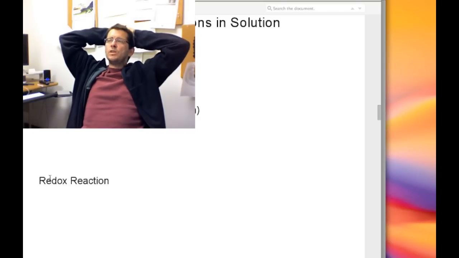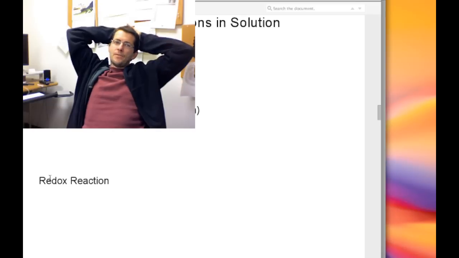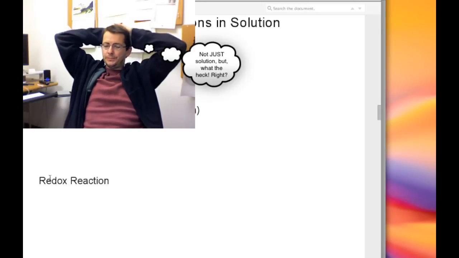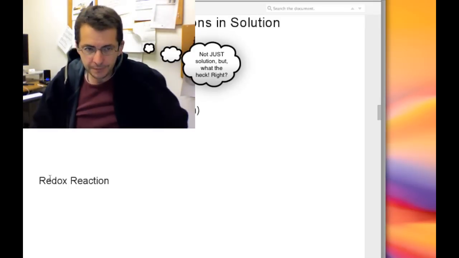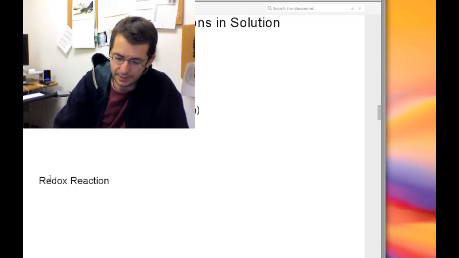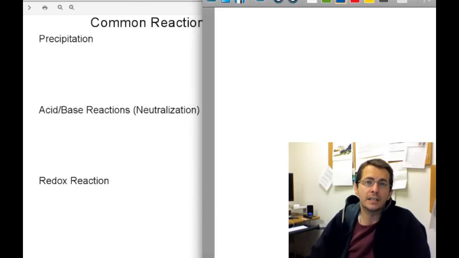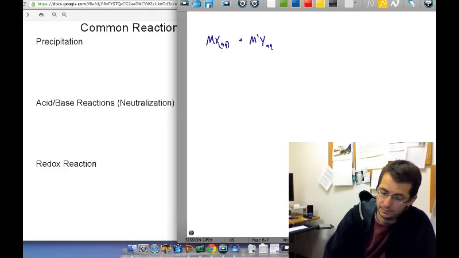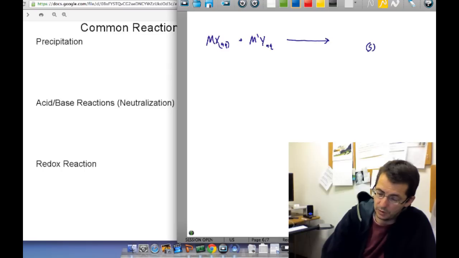Additionally, we're going to look at 3 common chemical reactions that take place in solution. The first are precipitation reactions, where we will take two aqueous solutions and mix them together, and a solid will form in solution, precipitating out.